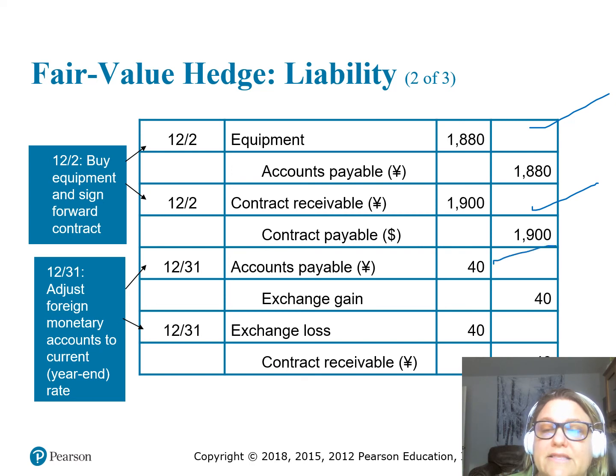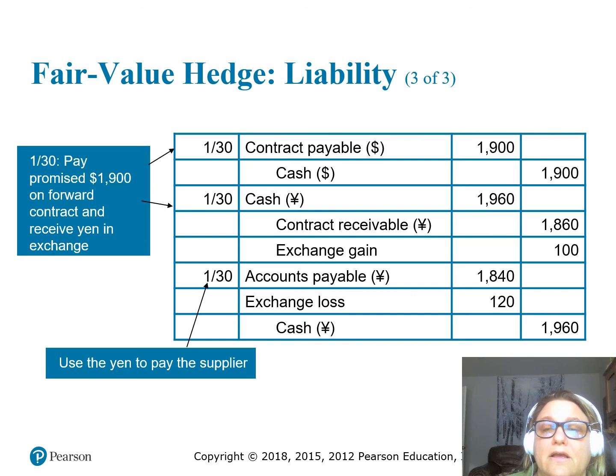You can't see the second part, but it's 40, just trust me. Again, you can see the differences in currency. Then here's where we do the 130 payout. You can see we wrote the exchange gain and loss separately, but they'll wash out very beautifully on our financial statement.